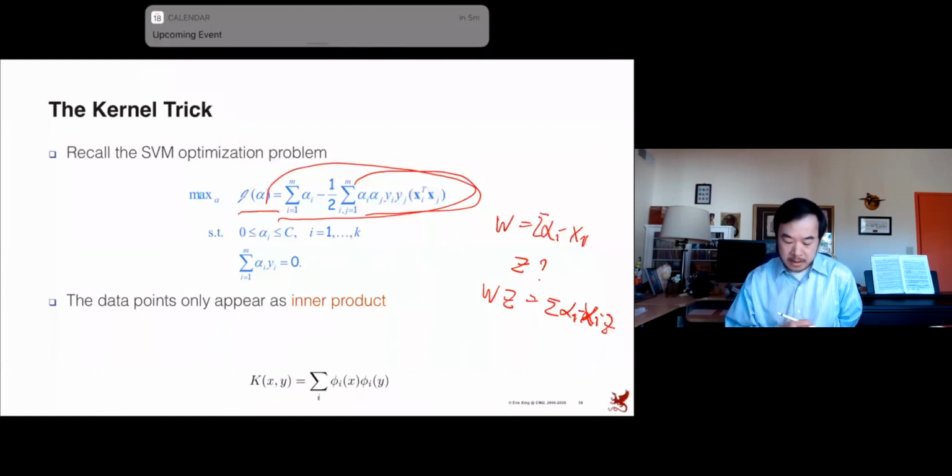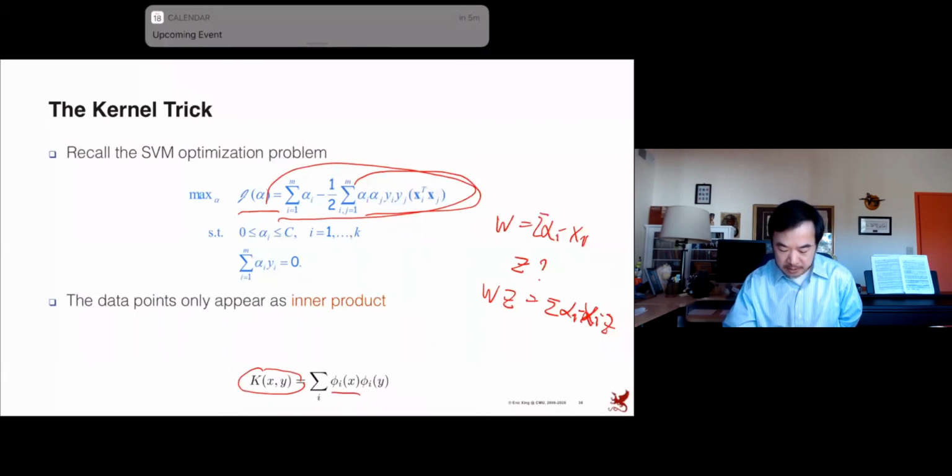So that basically leads to the kernel trick. Why don't we just define a kernel function which directly models the pair of data points, which can undergo arbitrary transformation by phi? So we imagine that it could be a dot product in some other space, right?